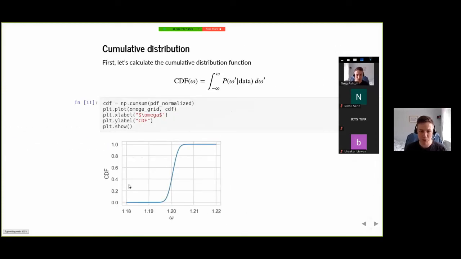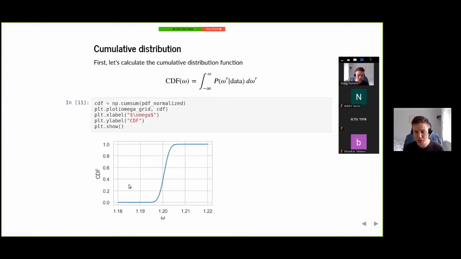Well, to do that, we turn to the definition, which is the cumulative distribution. You look for an interval in the cumulative distribution which includes 95% of the posterior. Sorry, this is just the cumulative distribution. I've just used the NumPy cumulative sum function to calculate that.